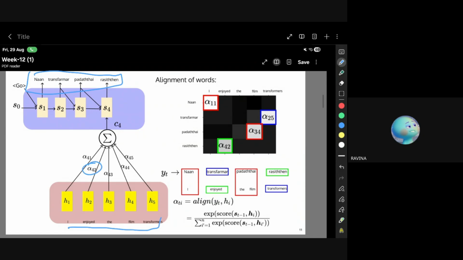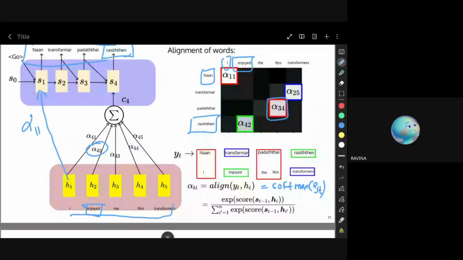What does it tell you? How this word here and "Android" are related to each other. How much attention should I give to "Android" while I'm predicting this word, right?